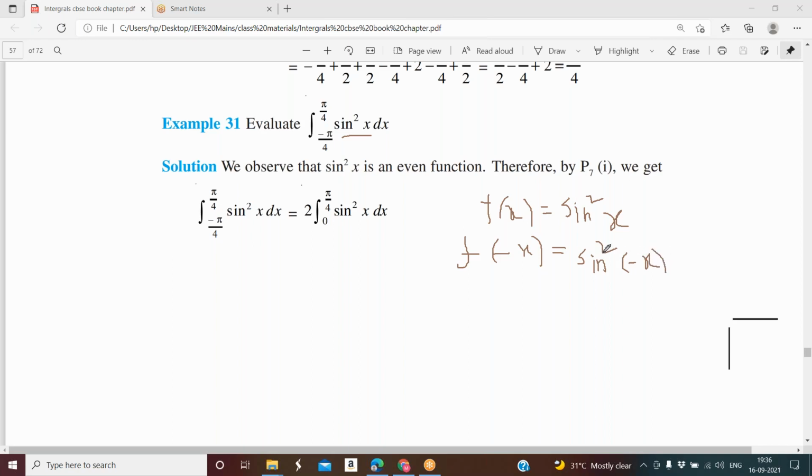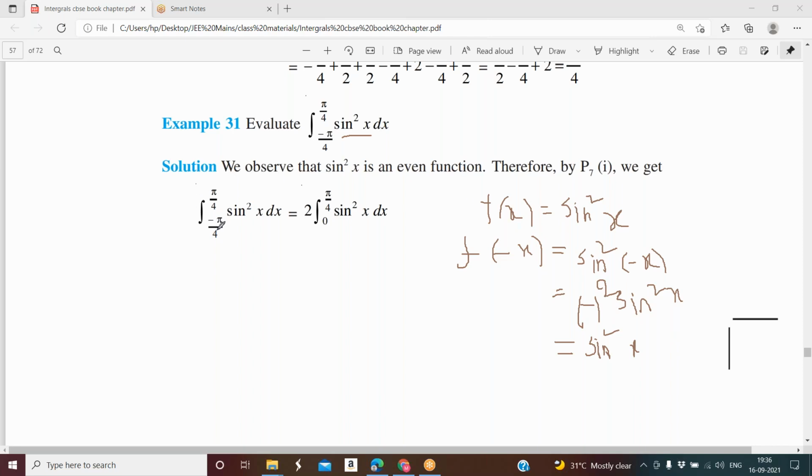Since we have a square here, sine of minus x is minus sine x, and this minus squared will become sine square x. Again, you are getting the same function when you replace x by minus x. Therefore, it is an even function of x.